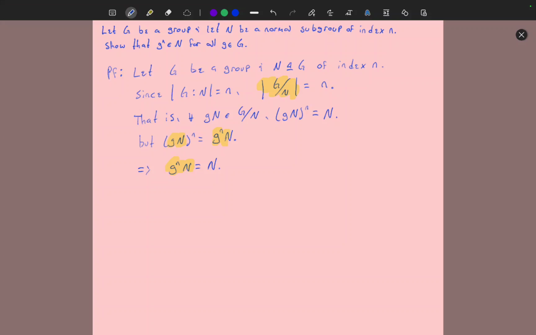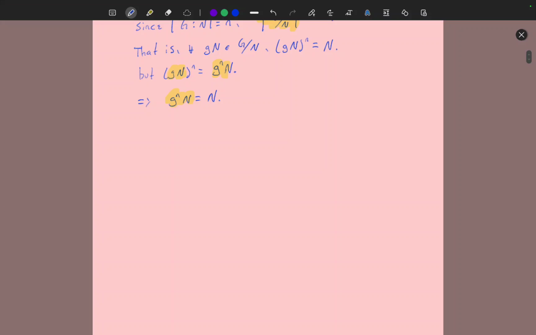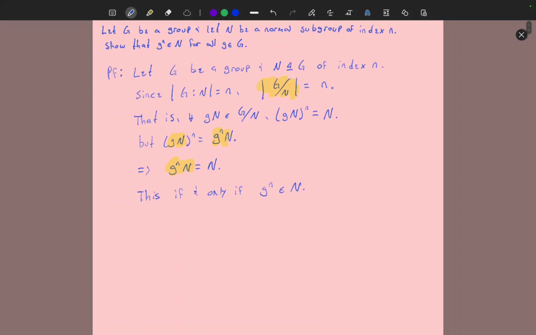So by our properties of cosets, this happens if and only if g to the n is in N, which is exactly what we were looking for. So this completes the proof here.